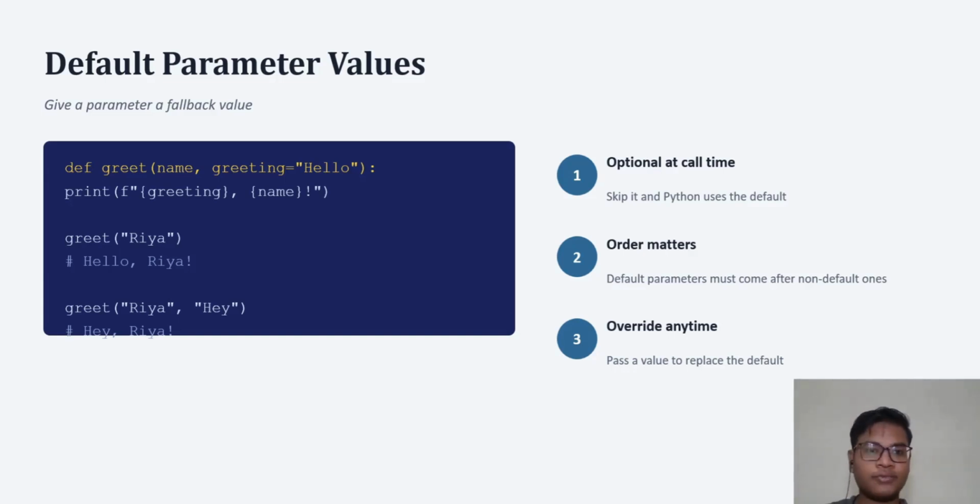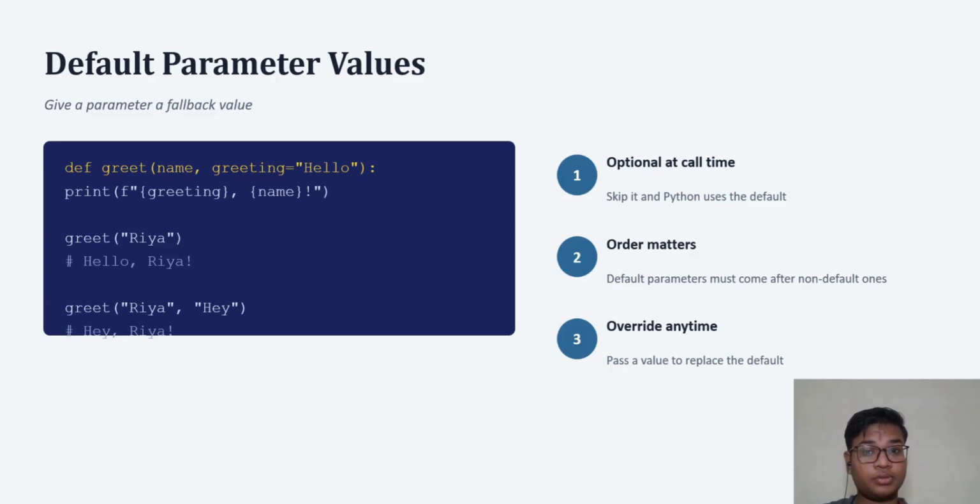First, the default parameter value is optional at call time. Skip it, and Python uses the default. Always remember. Second one is the order rule. Default parameters must come after non-default ones.